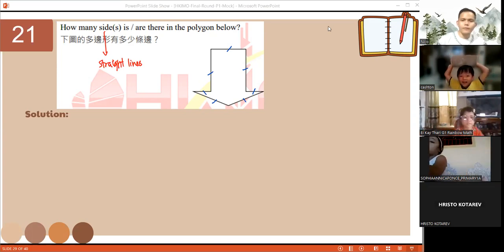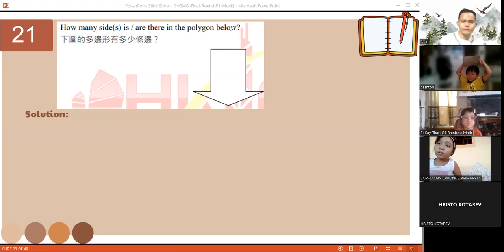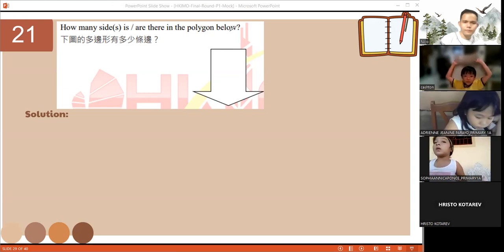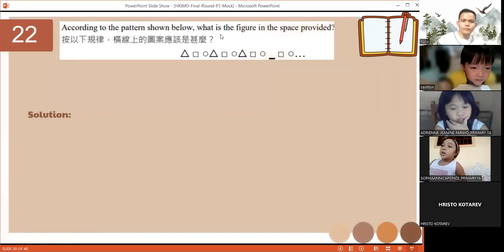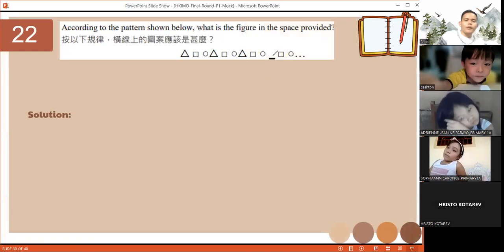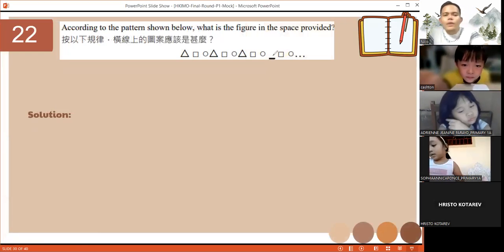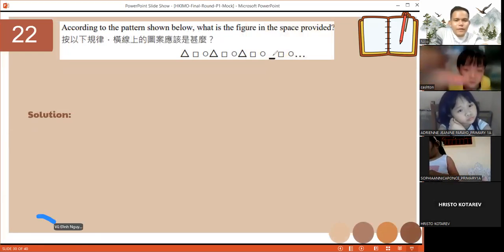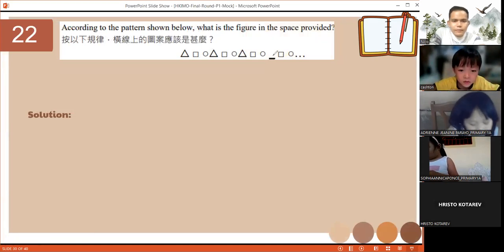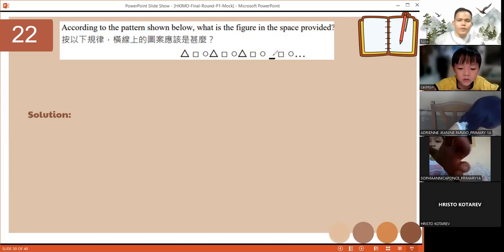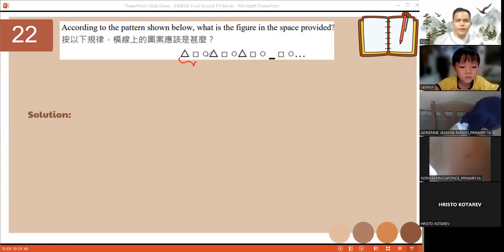Okay. Next question. Number 22. This one. According to the pattern shown below, what is the figure in the space provided? So what you noticed in the pattern, it's repeating of these two, right?